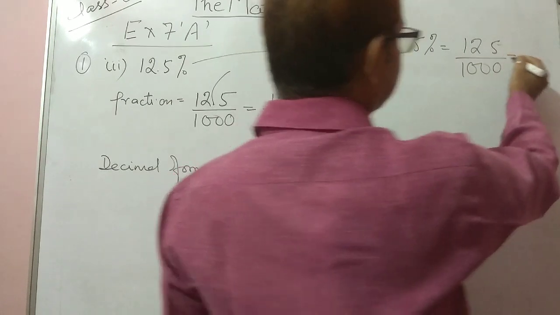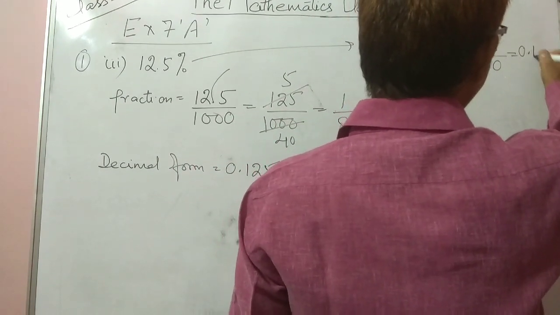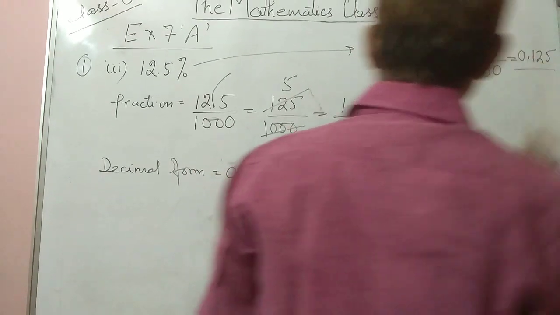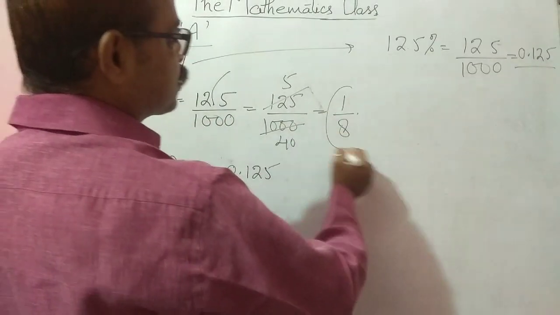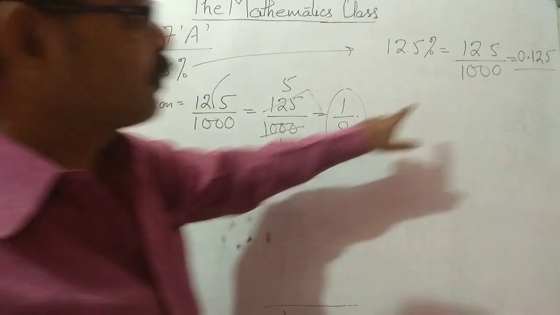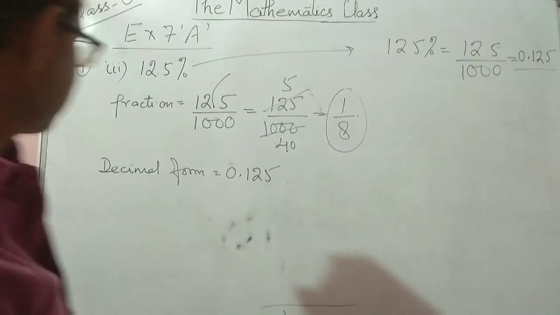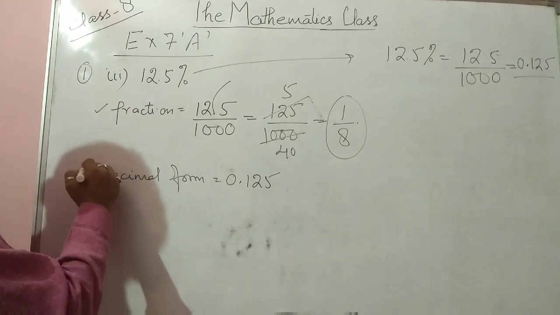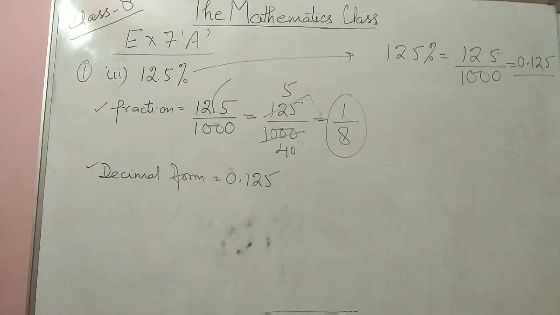So when you have to write it in decimal, it will be 0.125. Either this way, or you can actually divide it, and then again you will get the same value. So this is how we convert it into the fraction form and the decimal form.